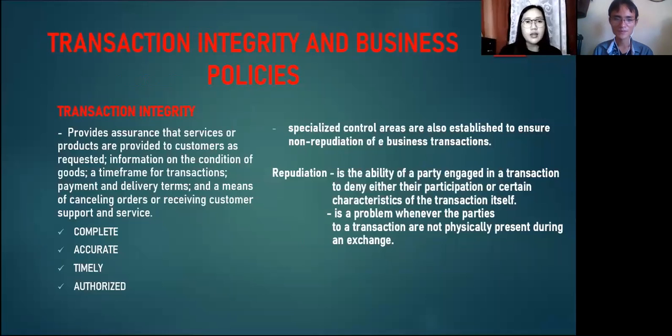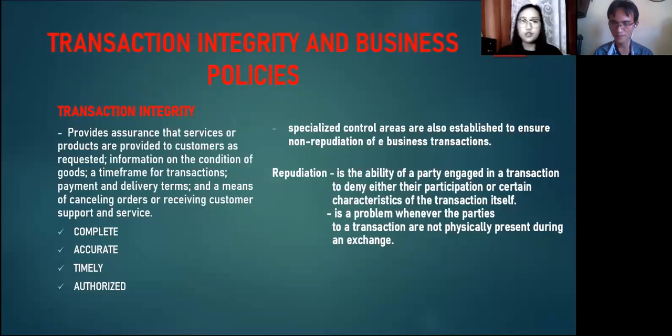The AICPA Trust Services principles define transaction integrity as system processing that should be complete, accurate, timely, and authorized.